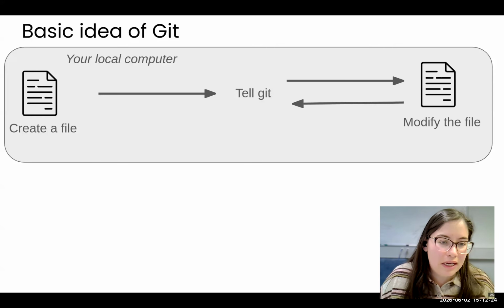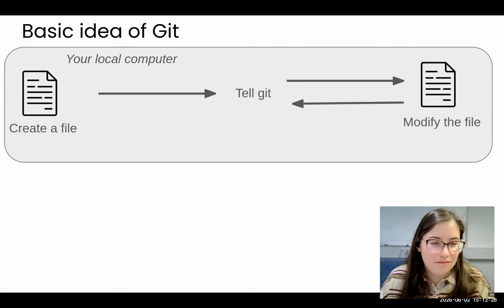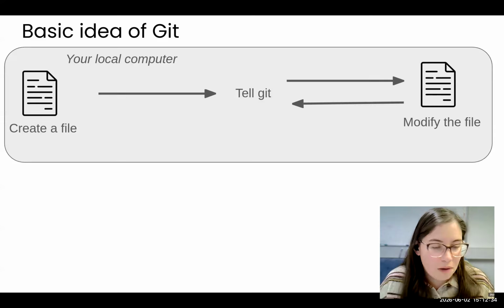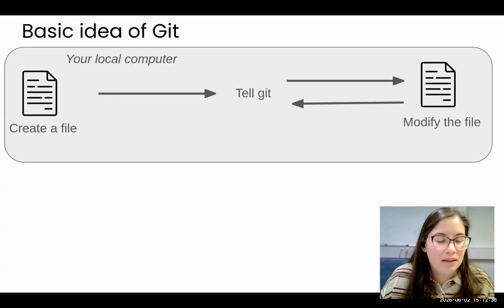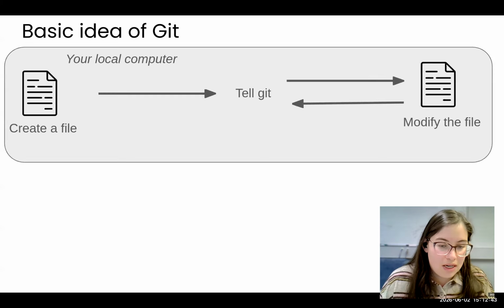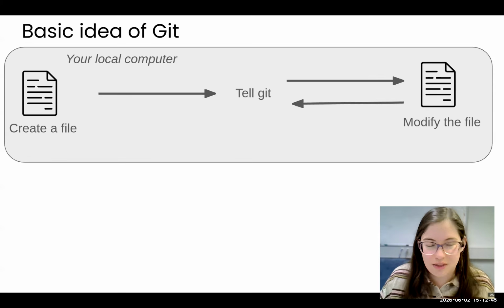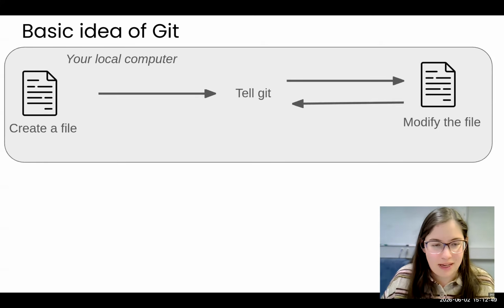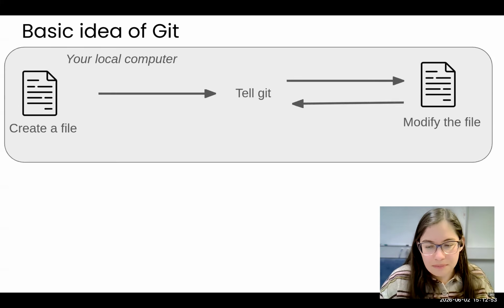You modify the file, add code, comments, whatever you're working on, and then you tell Git again, here's a new version of that file. Come back the next day, keep adding things, tell Git, this is a new version of the file. You control exactly when you tell Git. And this is one of the differences with a Google Doc, where you cannot control when you are saving these versions of the files.